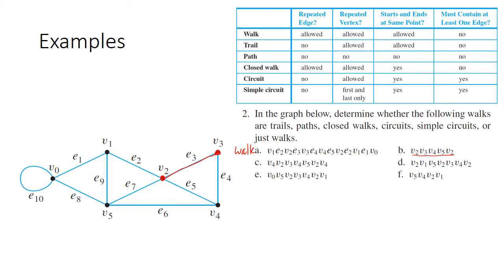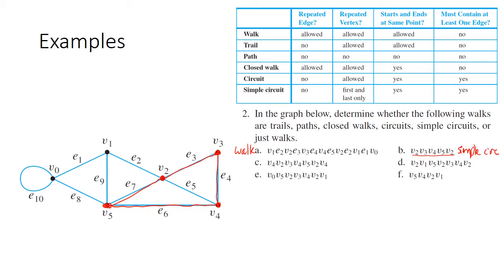And then I'm going to V4, so I must have gone along E4 there. And then I'm going to V5, so I'm going over here. And then I am going back to V2. Okay, so this is closed, and I did not repeat any edges, and I only repeated the first and last vertex. So that is actually a simple circuit. I'll just abbreviate it there.